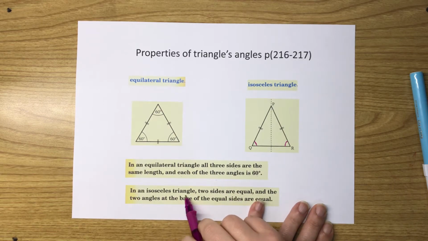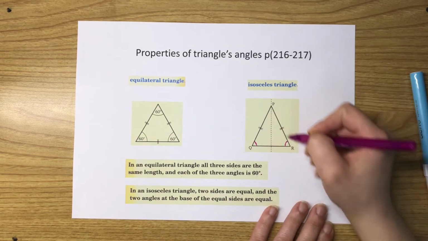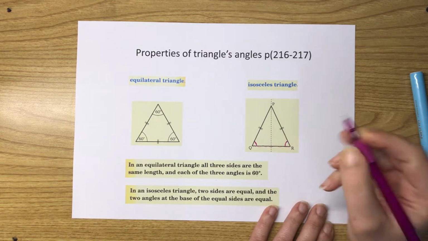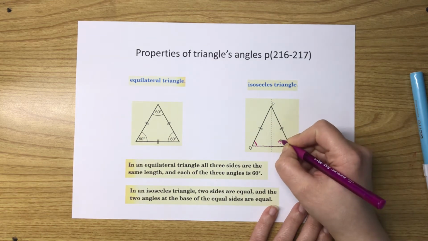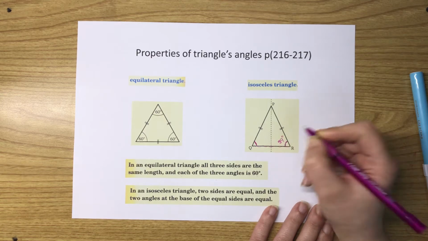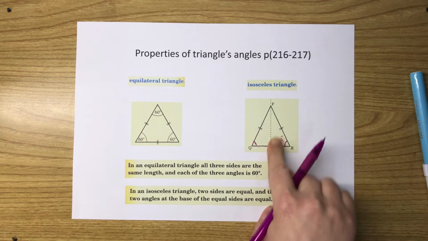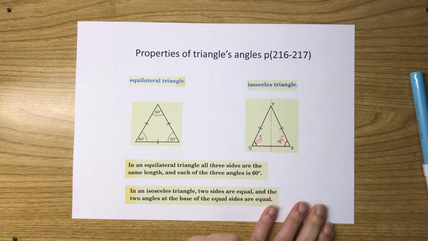In an isosceles triangle, two sides are equal and the two angles at the base of the equal sides are equal. Let's say if this one was 59 degrees, the other one on the base of this isosceles triangle is going to be 59 degrees too, for example.